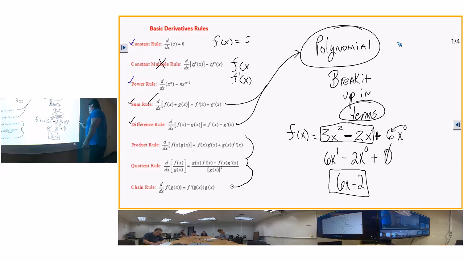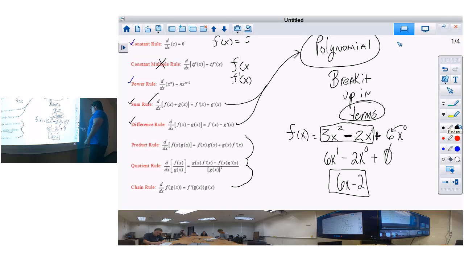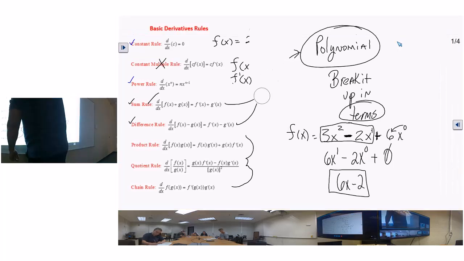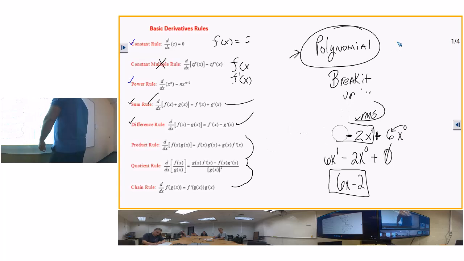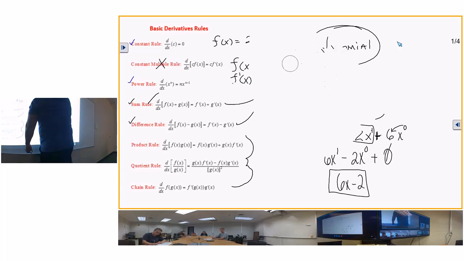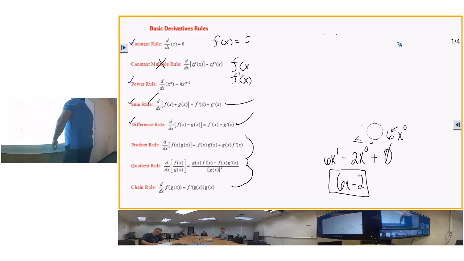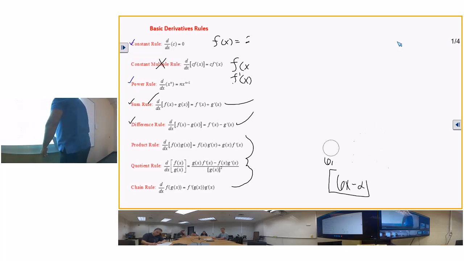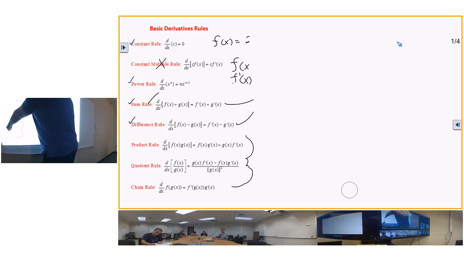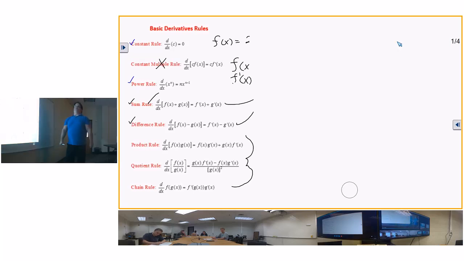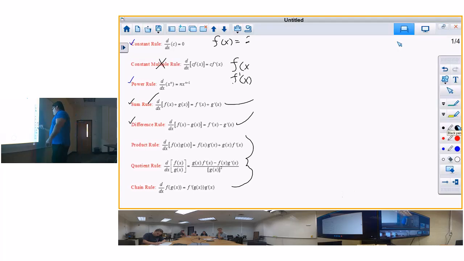I'm going to erase part of the board again. Now, I'm going to put it in my own terms because I'll be honest with you, when I was in calculus, the first time I saw these right here, I had no idea what they said. None. No idea. So I rewrote them.